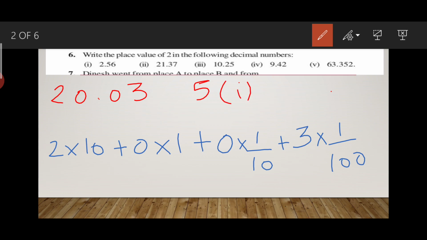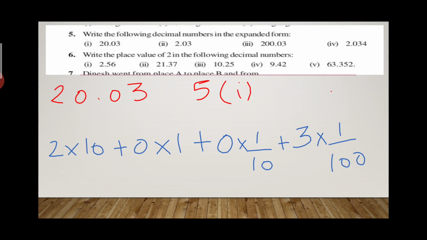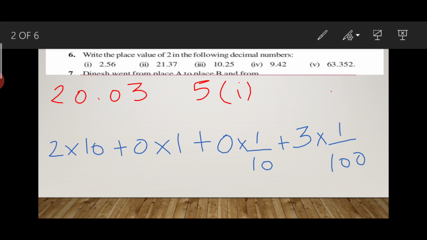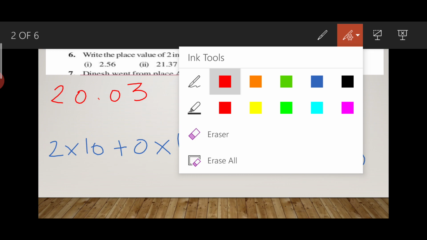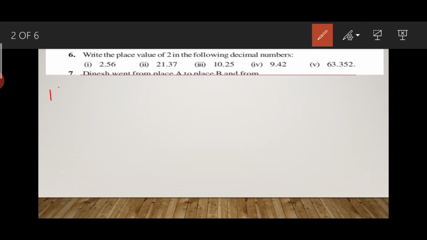Okay, similarly you can do the third part, that is 200.03. Let us see how we will do it. As you can see, before the decimal we have 3 digits, that is ones, tens, hundreds.